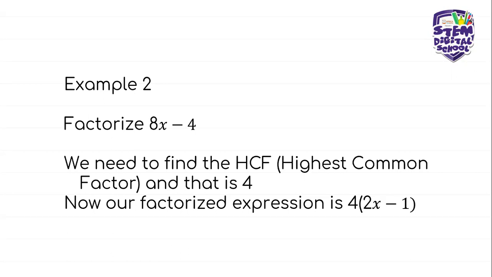Then we know that at this point, we have now factorized the expression, and the factorized expression is 4 open bracket 2x minus 1. And this is an example on its own.